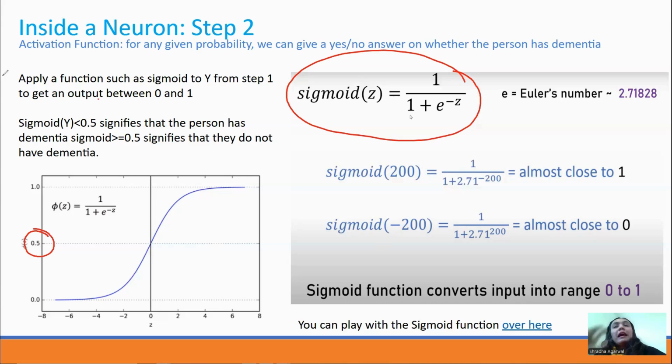Now, the idea of the activation function is to bring everything on one scale, and it is applied both in the internal hidden layer and also in the output layer.